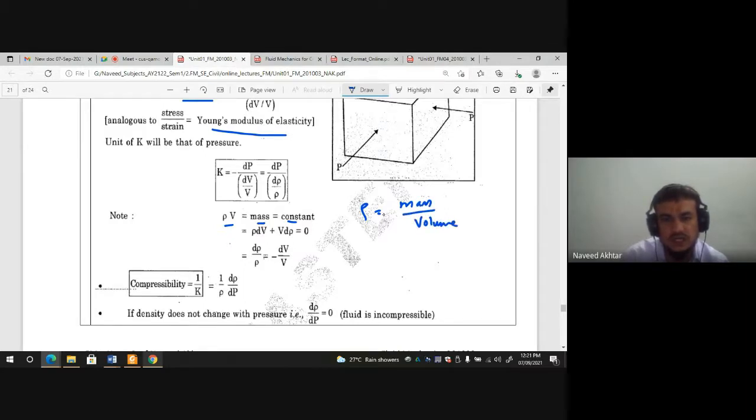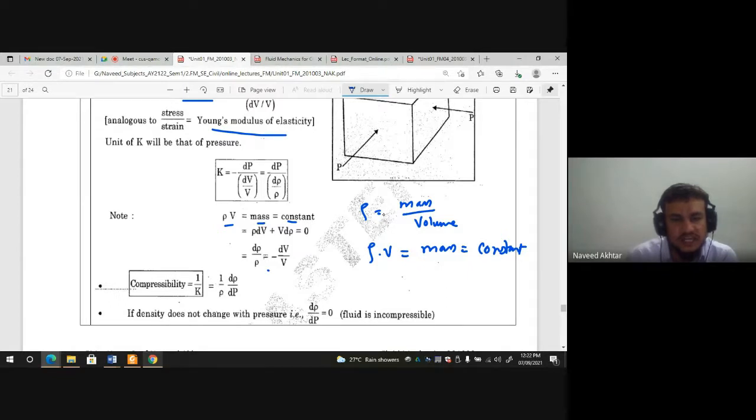So rho V, density into volume, is nothing but the mass, and the mass of the liquid in the box is constant. If you write that, you can say dP upon rho is equal to minus dV upon V.